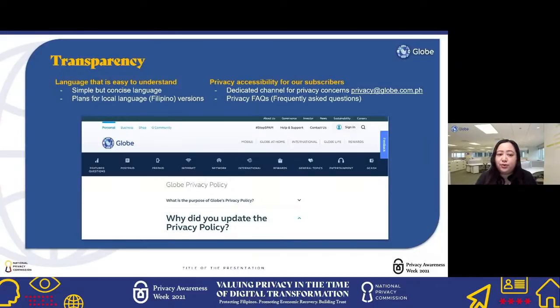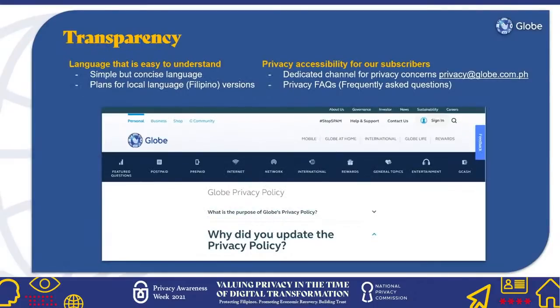And then aside from doing that, Globe has actually allocated resources specifically to be able to do this for our consent statements and other information about privacy. And we also plan to move this forward by creating another language or a local language option for these communications in Filipino. So aside from language, we also want to make sure that privacy is easily accessible to our consumers.